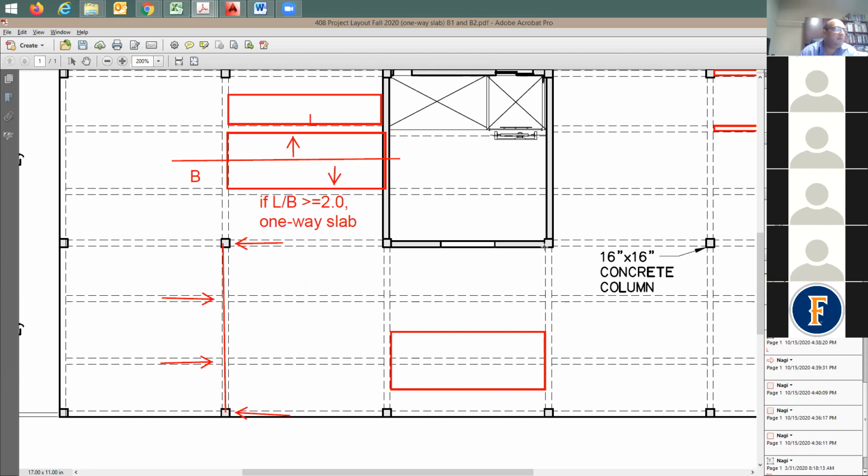You're going to have a point load coming from this side and a point load coming from this side. So the structural system for this beam is from here to there, a support and a support, a point load coming from this side, same thing from this side.